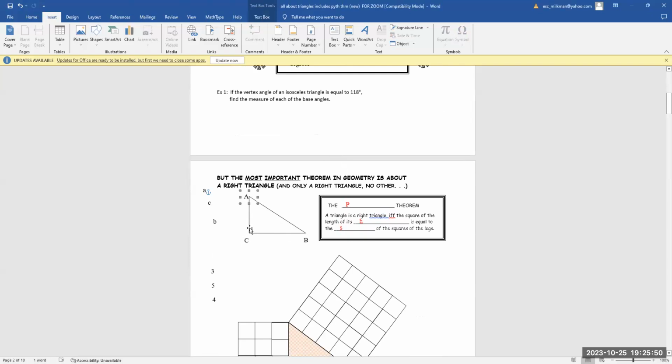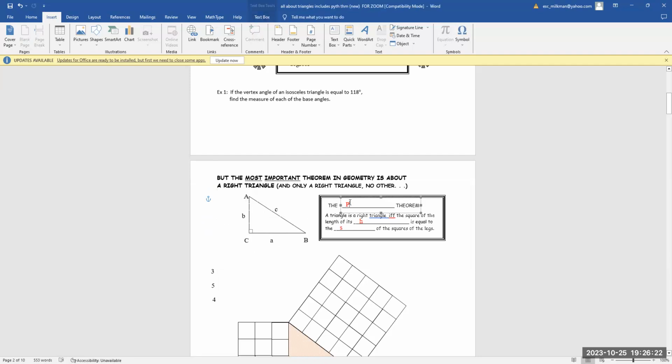Angle C, because it's drawn with that square, is my right angle, and angle B is over here. Recalling what I do for my sides, opposite the capital A will be my little a, opposite the capital B will be my little b, and opposite the angle C, in this case the hypotenuse, is going to be called side c.